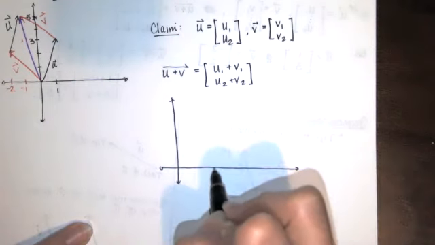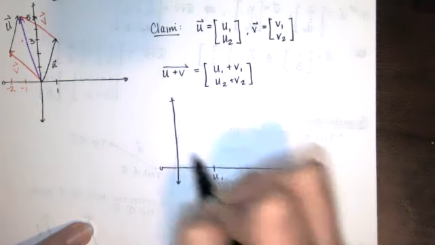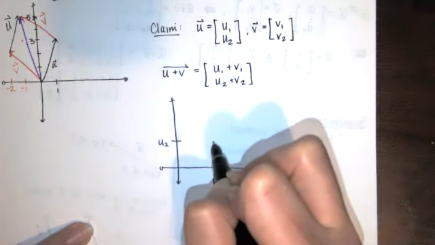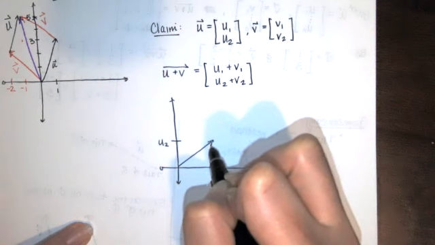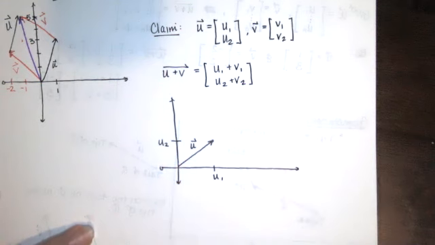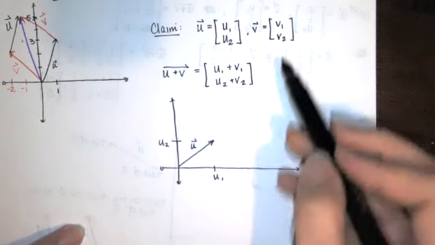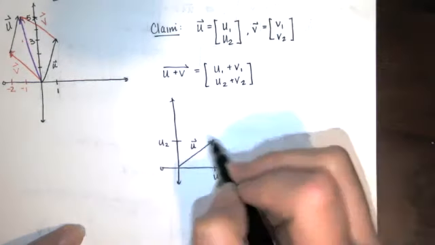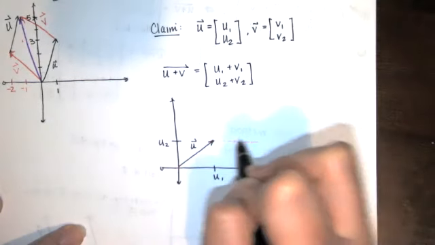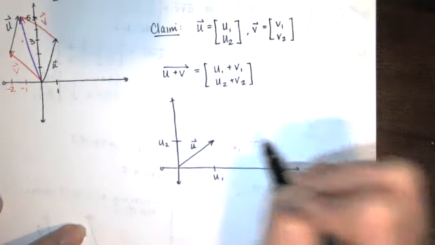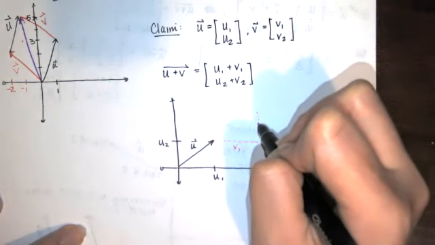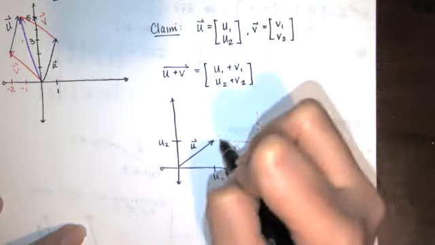So let's say I go to u1, u2. So that's my vector u. Now, if I'm adding tip to tail and vector v has component v1, I'm going to go v1 units in the x direction, and then I'm going to go v2 units in the y direction from there.